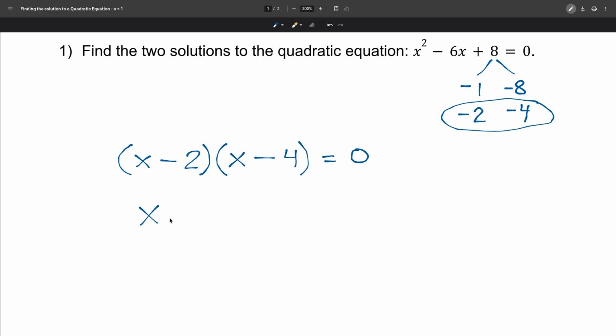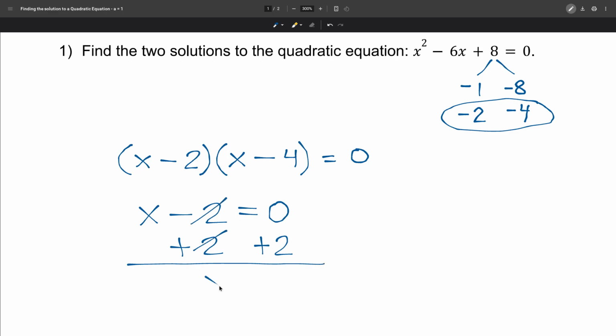All right, so I'm going to say x minus 2 equals 0. To solve for x, we would add 2 here, and we'd have to do that to the other side as well. 2 minus 2 is 0, so we get x equals 2 as one of our solutions. We'll also set x minus 4 equal to 0.